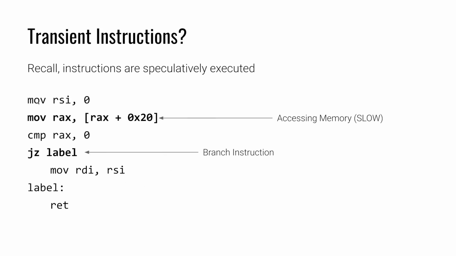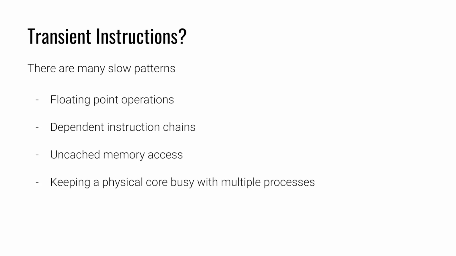That would be the first instruction, move RSI 0, and then move RDI RSI. We cannot move RDI RSI until RSI is 0. If we were to perform this move operation before setting RSI to 0, it would not coincide with the linear execution of these instructions. So we need to start thinking about assembly instructions in terms of dependent instruction chains.